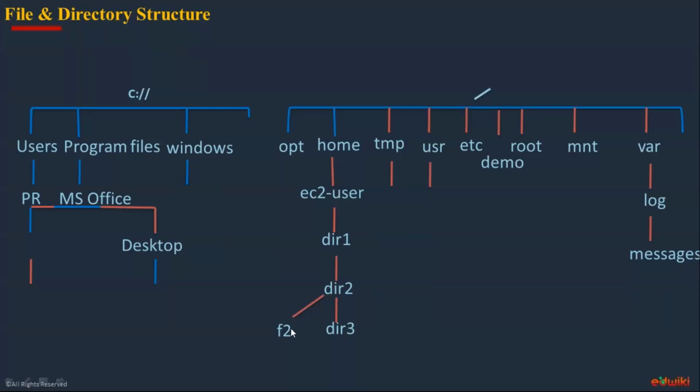The F2 file is in the root directory. Inside the root directory, the home directory. Inside that, the ec2-user directory. Inside that dir1, inside that dir2, inside that there is a file called F2. That is how you need to represent the location of the file where it is created in your system. Agree with me?